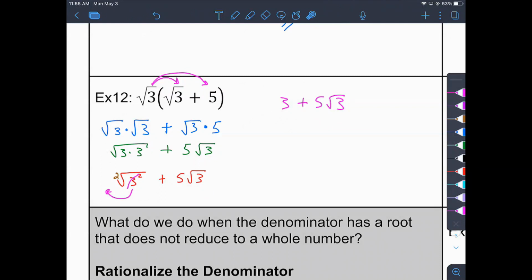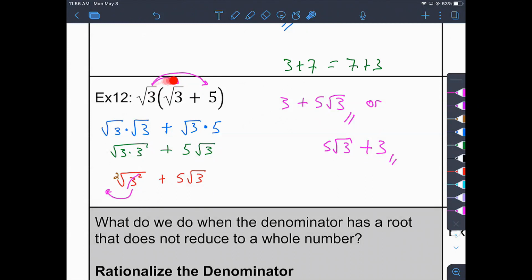So your answer is either 3 plus 5 root 3, or you can write it the other way around as 5 root 3 plus 3, which might be the more standard way that you will see it. That was terrible. Let me just erase that and write it again. You might more likely see it this way. But they're equivalent, just as 3 plus 7 is the same as 7 plus 3.